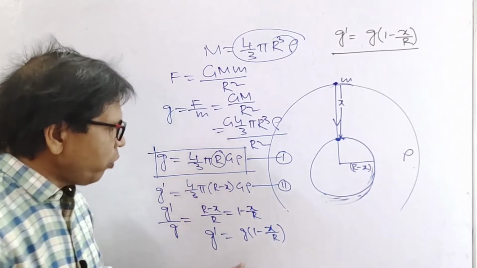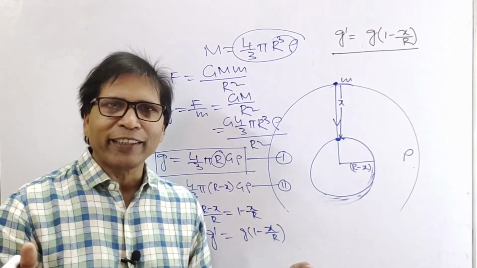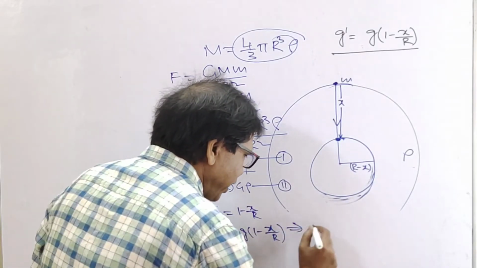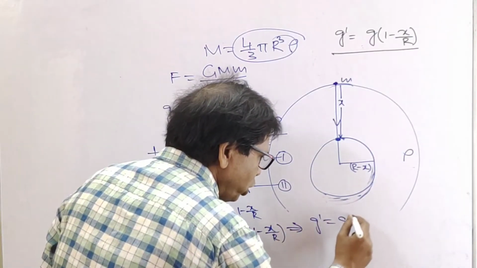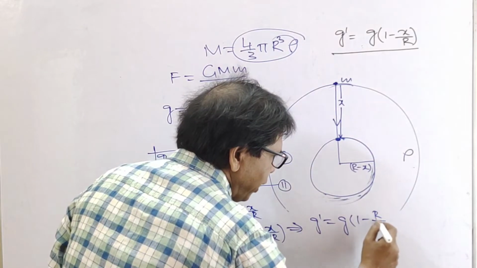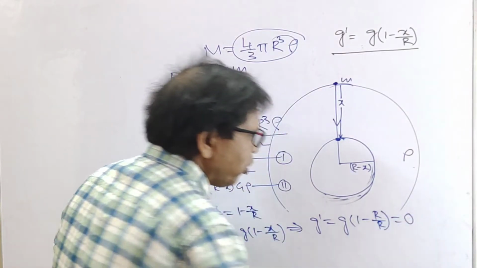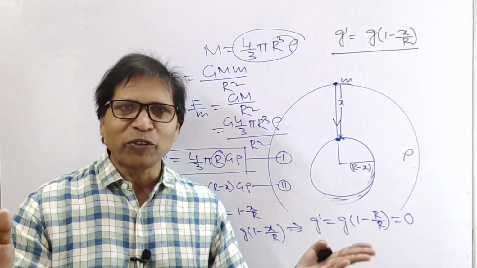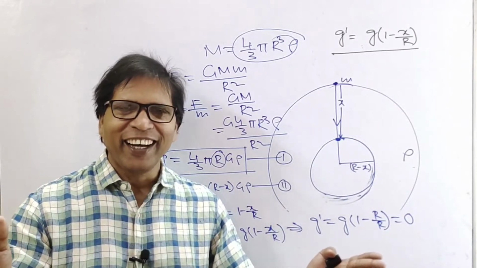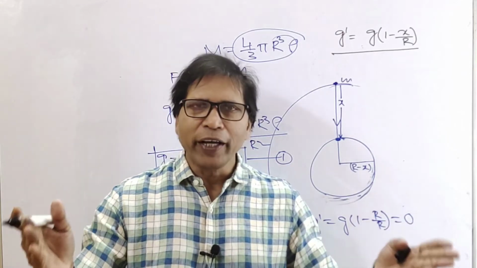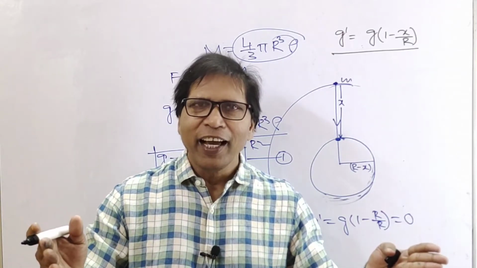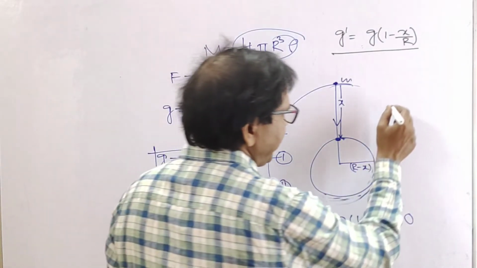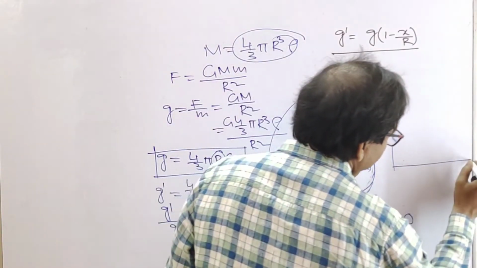Now at the center of the earth, the depth is R. So g dash equals g into 1 minus R by R, which is 0. So at the center of the earth, the acceleration due to gravity becomes 0. Understood? Now if we draw a graph between g and distance from the center of the earth, the graph becomes a straight line within the earth.